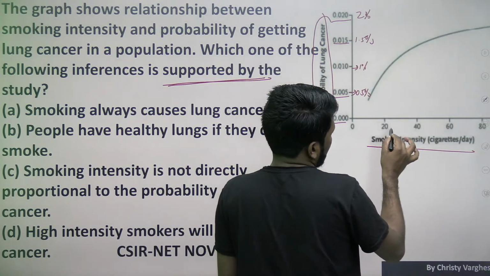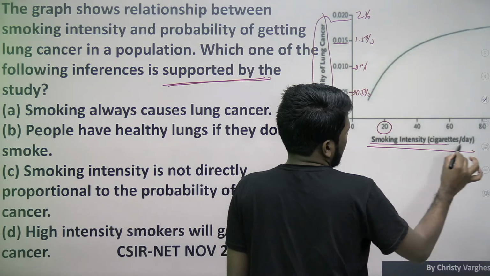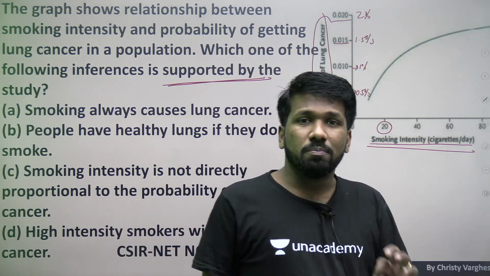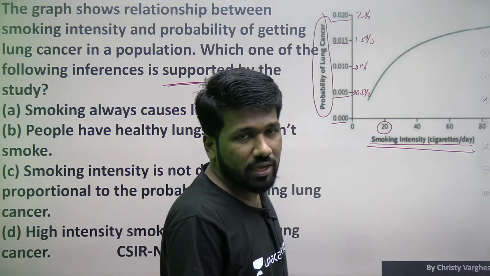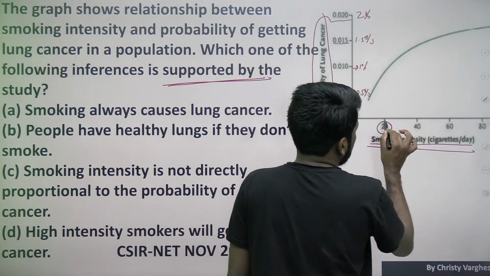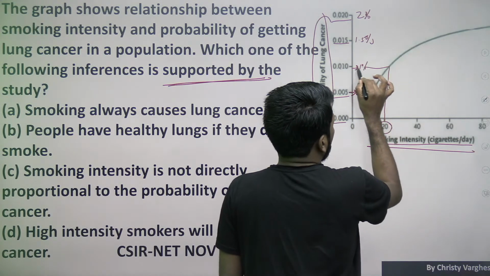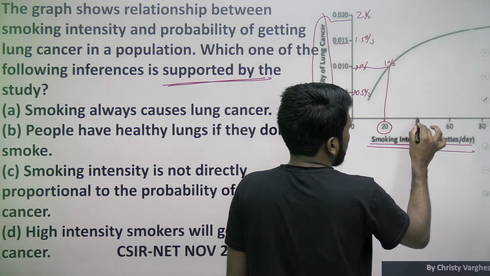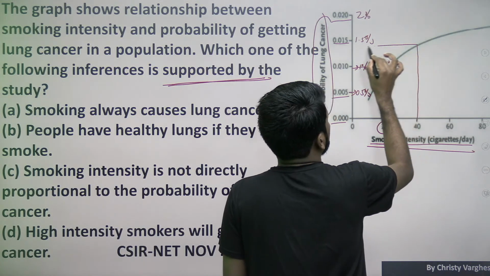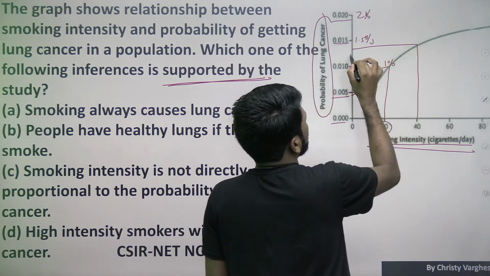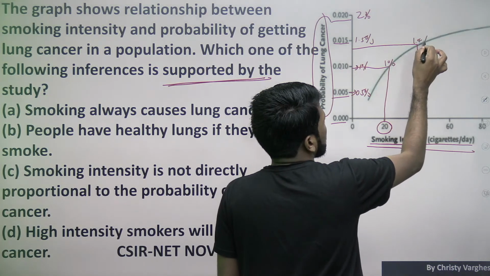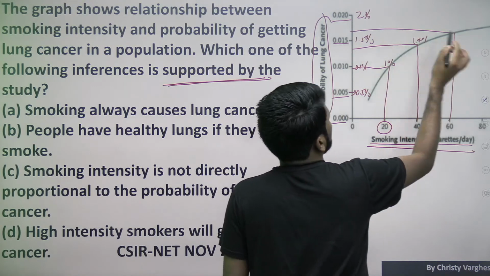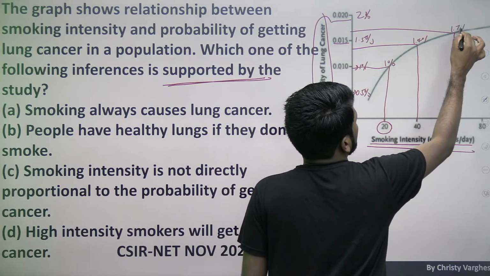X-axis से y-axis connect किया तो 20 smoking intensity, cigarettes per day. That means 20 cigarettes per day if a person is smoking, his chance of getting lung cancer will be almost 1%. 40 cigarettes per day if he uses, almost 1.4% we can say. 60 cigarettes means almost 1.6% or 1.7%.